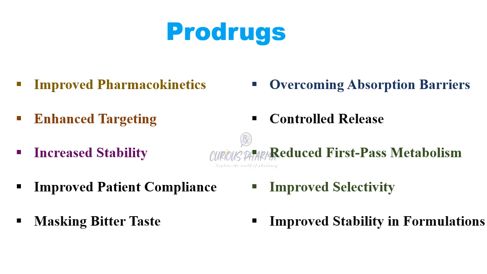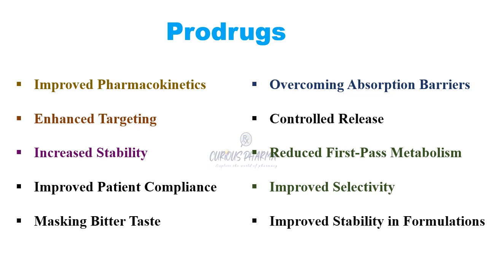Let's start with improved pharmacokinetics. Prodrugs can help to modify the pharmacokinetics of a drug by altering its bioavailability, distribution, metabolism, and elimination. This results in increased drug efficacy and reduced toxicity.